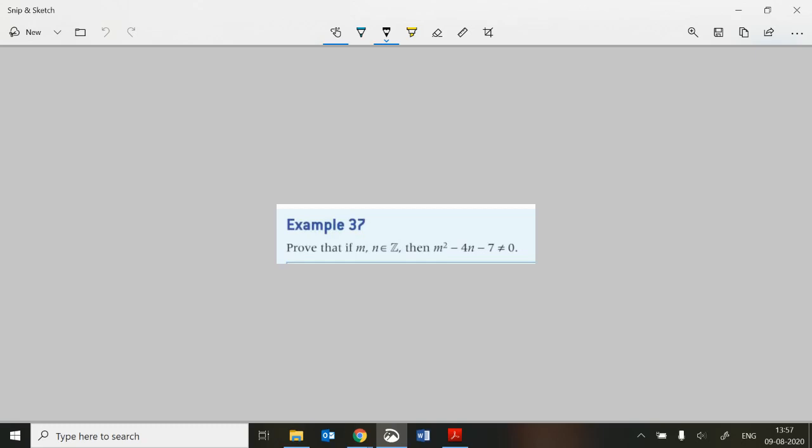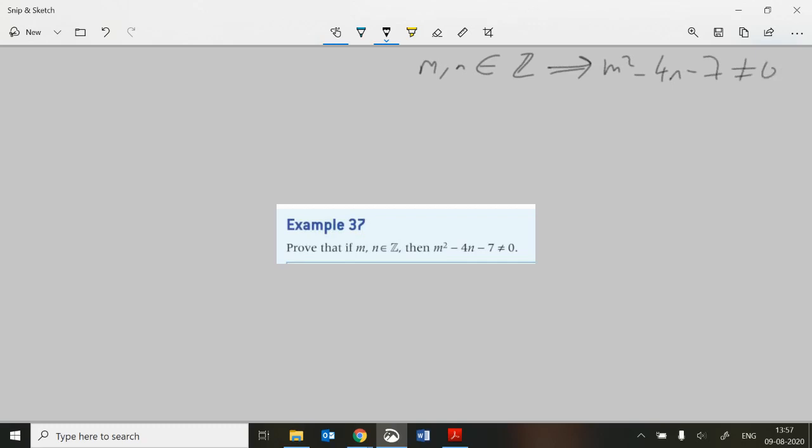So it says prove that if m and n belong to your integers, then m squared minus 4n minus 7 doesn't equal 0. Okay, so what are we going to show? Well, this is saying m and n belong to your integers, that implies that m squared minus 4n minus 7 doesn't equal 0.